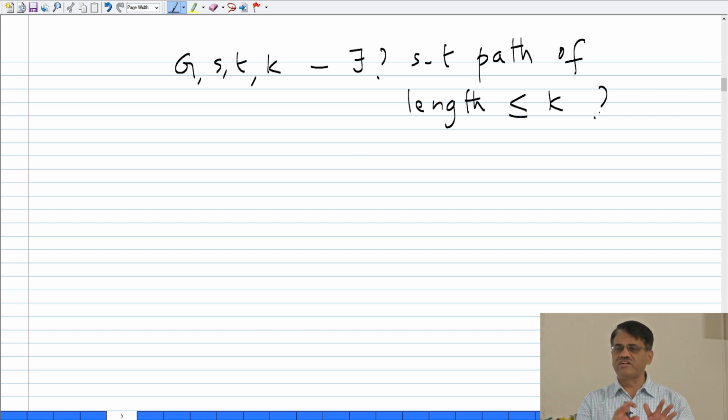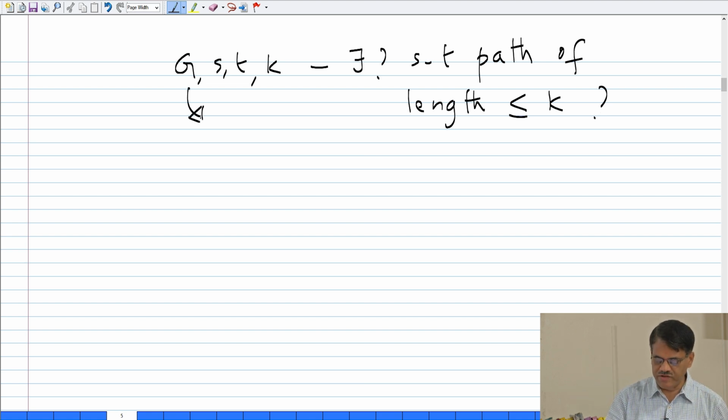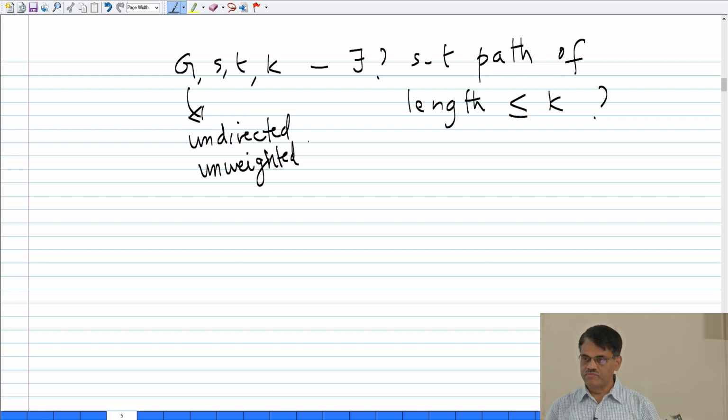It is an unweighted, undirected graph. Let us make life simple: undirected, unweighted. What do I do? Breadth first search, starting where? Do a breadth first search starting at S and see whether T is there at level K or even below.